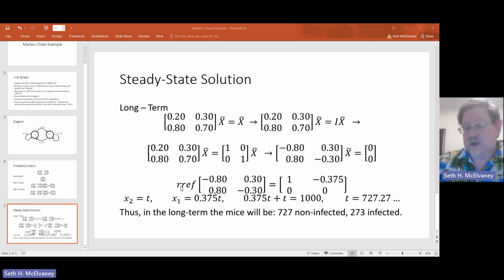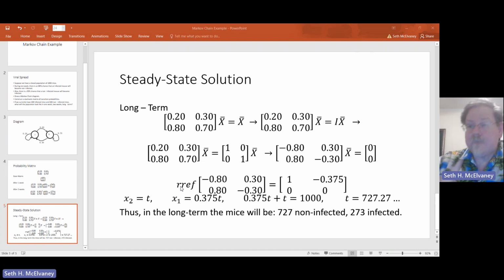Therefore x1, working that out, would have to be 0.375 times t. Again, we plop those back in, and we see that, yes, that's going to give us 0. Now, you look at this going, wait a minute, I'm supposed to get a single solution out of this, and we got an infinite number of solutions here.